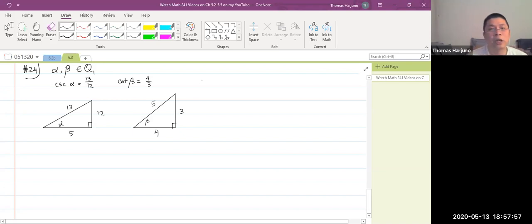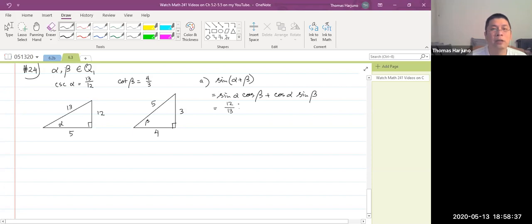The question A there: find sine of alpha plus beta. Sine of alpha plus beta is sine alpha cosine beta plus cosine alpha sine beta. Then you look at the triangle. Again, if alpha is not in quadrant 1, you need to adjust the plus minus sign. Sine alpha is 12 over 13.